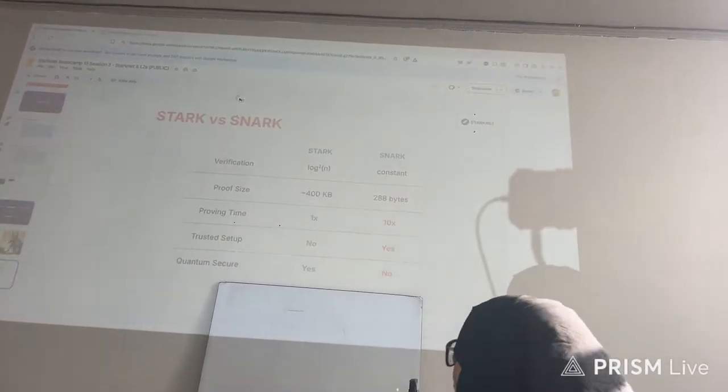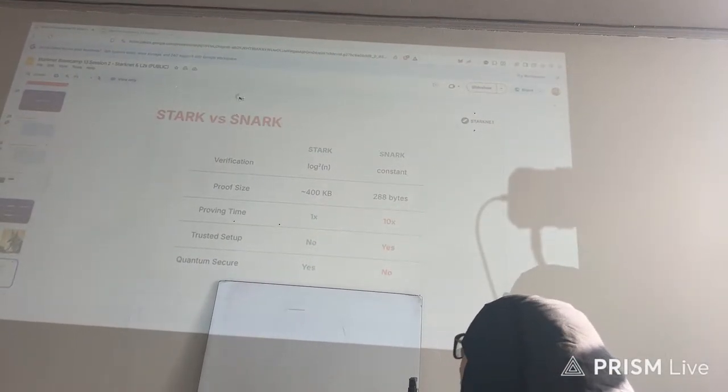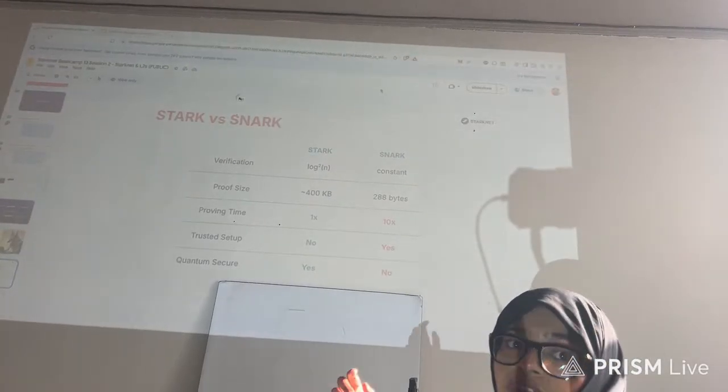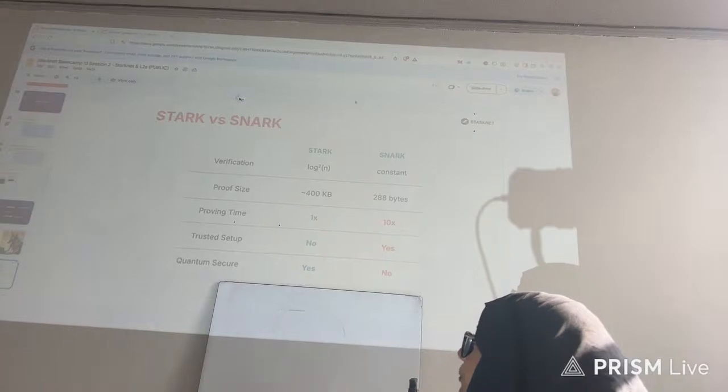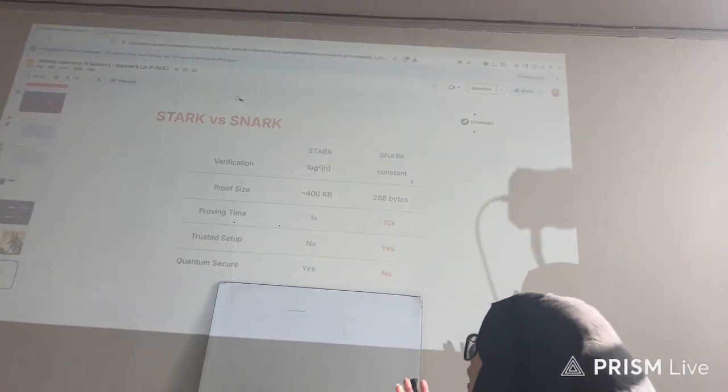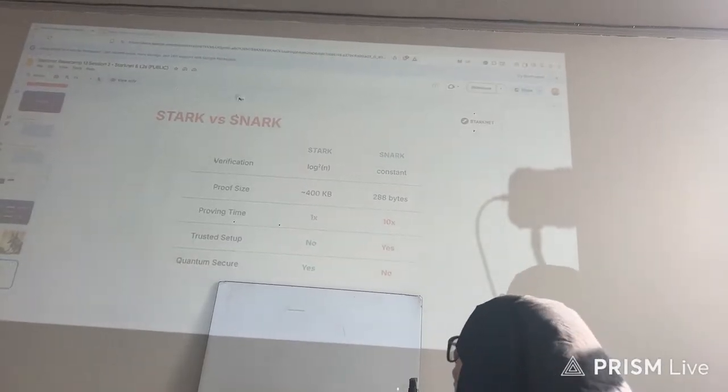So Starks versus Snarks. Starks and Snarks are both basically validity proofs only. The differences: the verification time for a Stark is log of n, while for a Snark it's a constant.